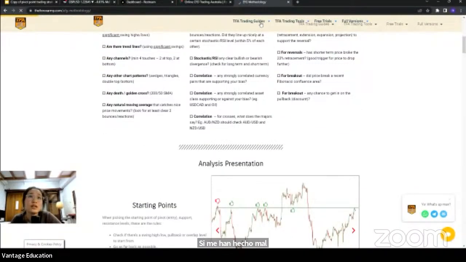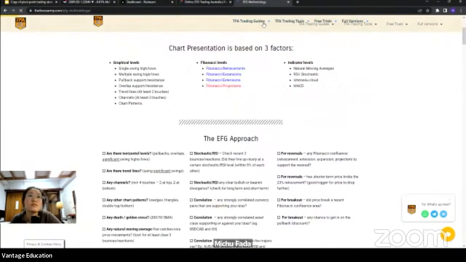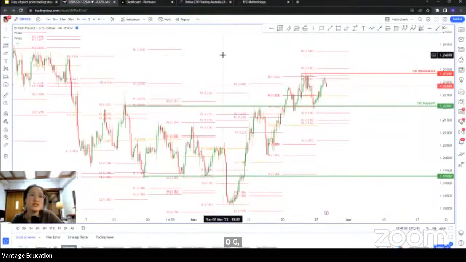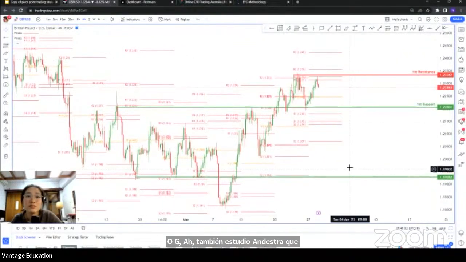Let me just look for that. Sorry, my Wi-Fi is a little bit laggy today. Let me just show you on this chart to not waste time waiting for that.